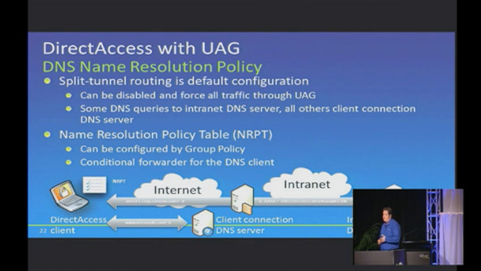That's basically doing the same thing that we have in the DNS server, conditional forwarding. So some queries are going to my connection-specific DNS, some queries are going through the DA channel to my internal DNS server.